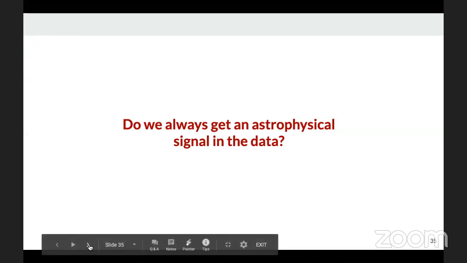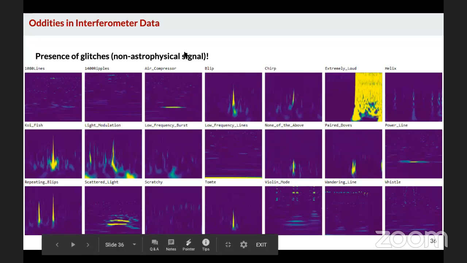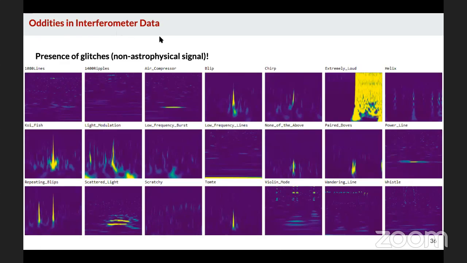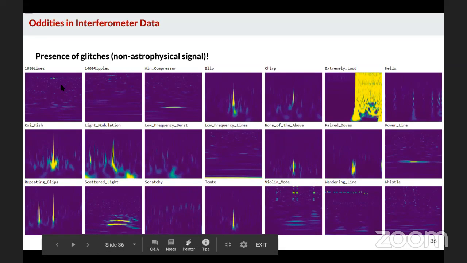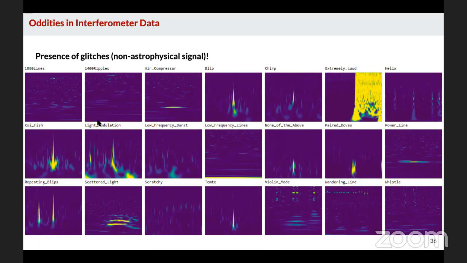But do we always detect an astrophysical signal in the data? The answer is no, because there are oddities in the interferometer data. There are many sources which can act like astrophysical signals, but they are not. Here I have listed many kinds of sources which can give rise to something that looks like a gravitational wave signal, but it won't be one, because these are emitted from ground-based perturbations.